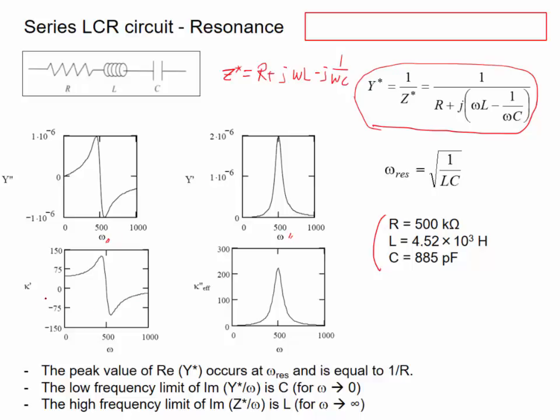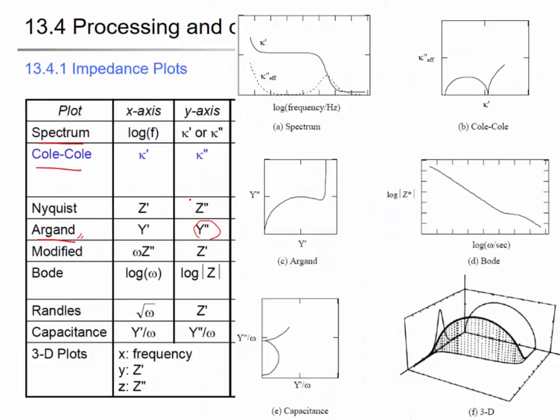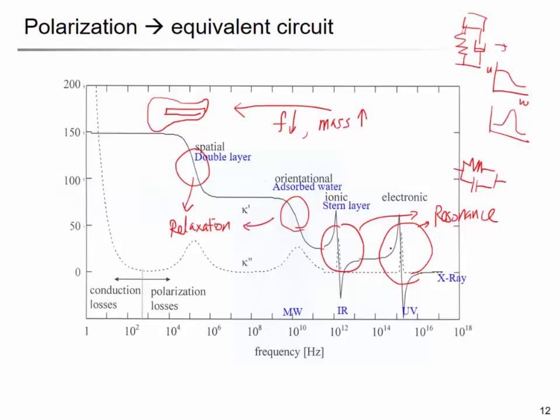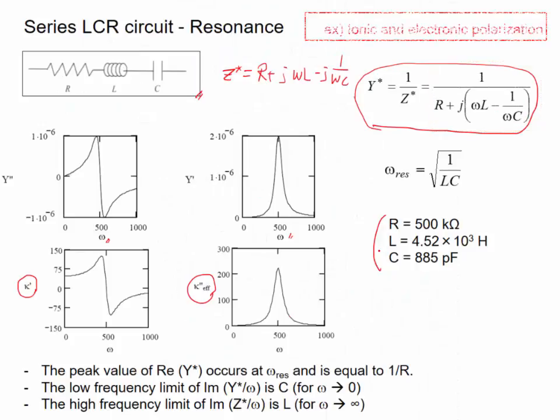And also you can extract the real and the imaginary permittivity. So you can see that this is the resonance behavior with the loss term having the peak at the resonant frequency. So using this circuit, you can simulate this kind of resonance behavior. And that's going to be ionic and electronic polarization. Right?